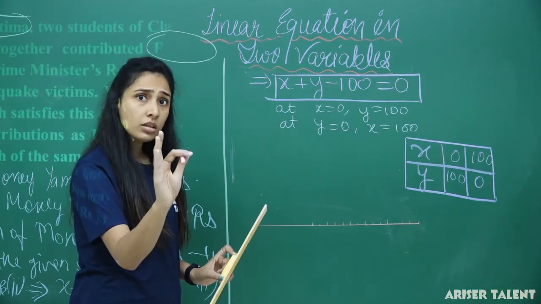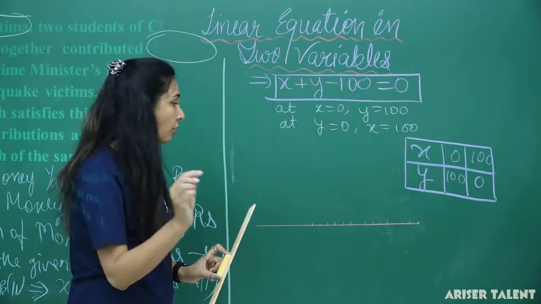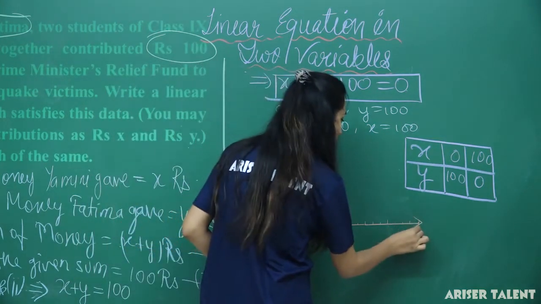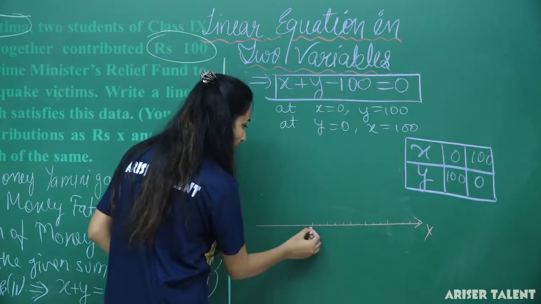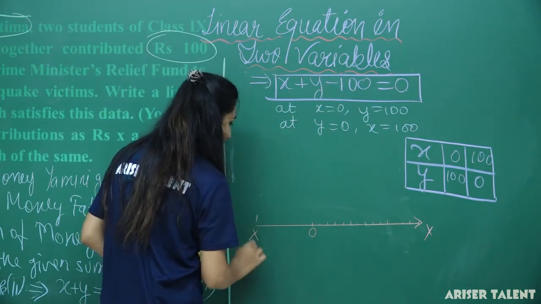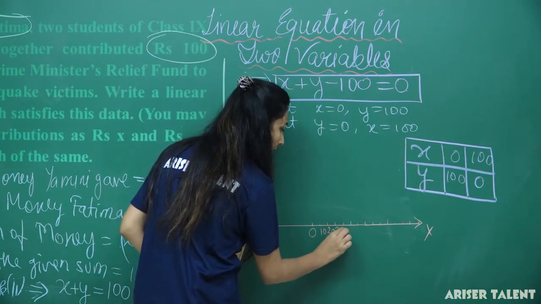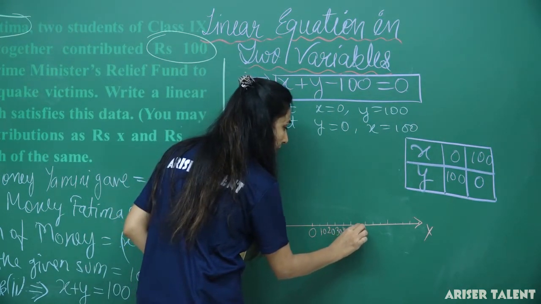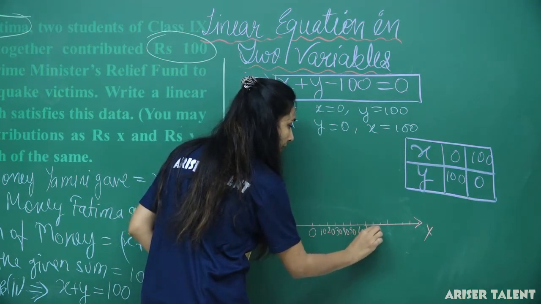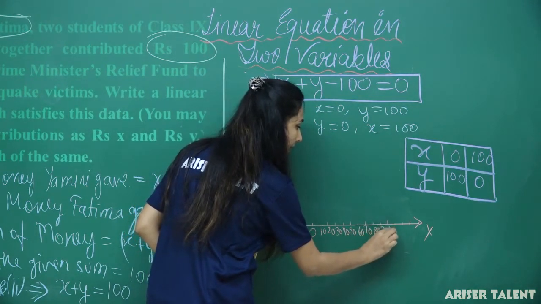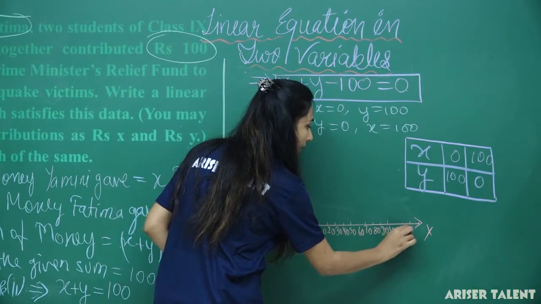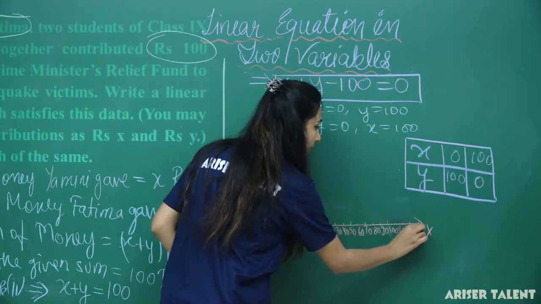So we only need to make the first quadrant here. So I am taking this XOX dash. If it's 0, that will be 10, 20, 30, 40, 50, 60, 70, 80, 90, 100, 110, 120, 130.